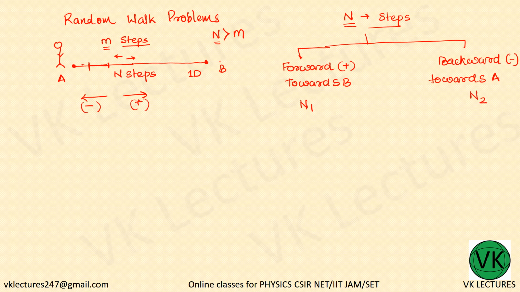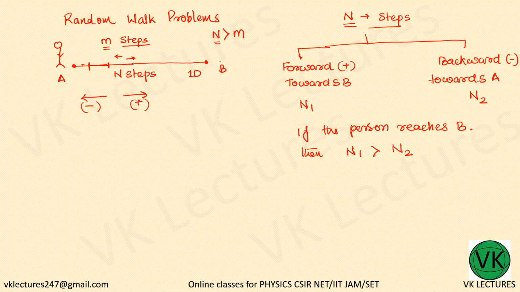If the person reaches B, then n1 should be greater than n2.